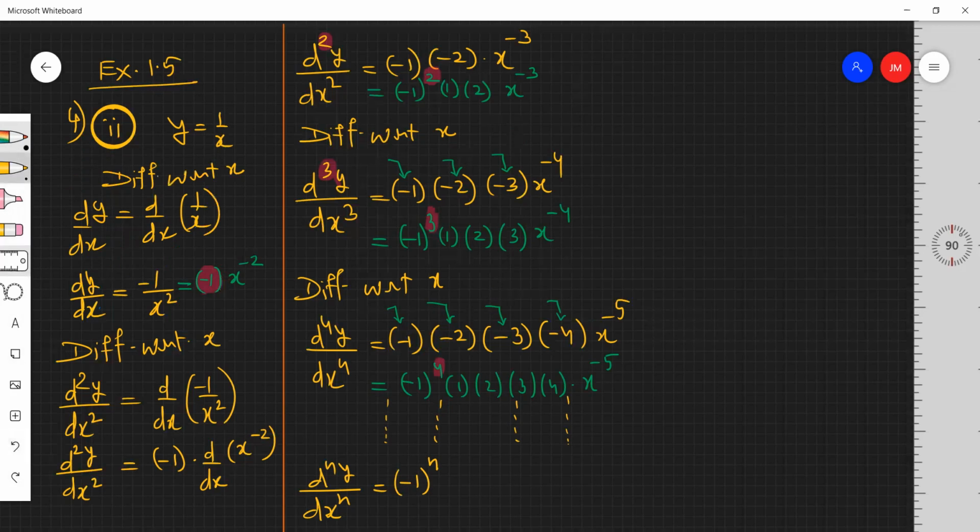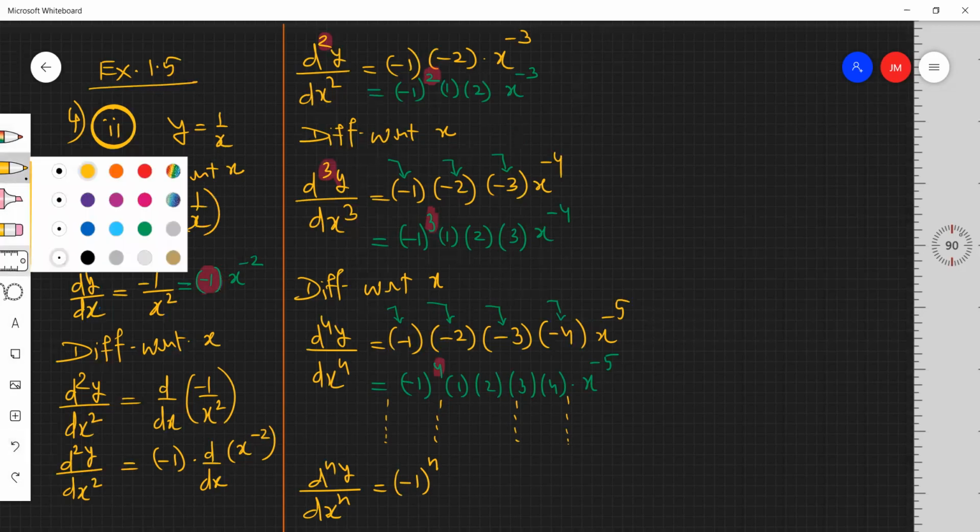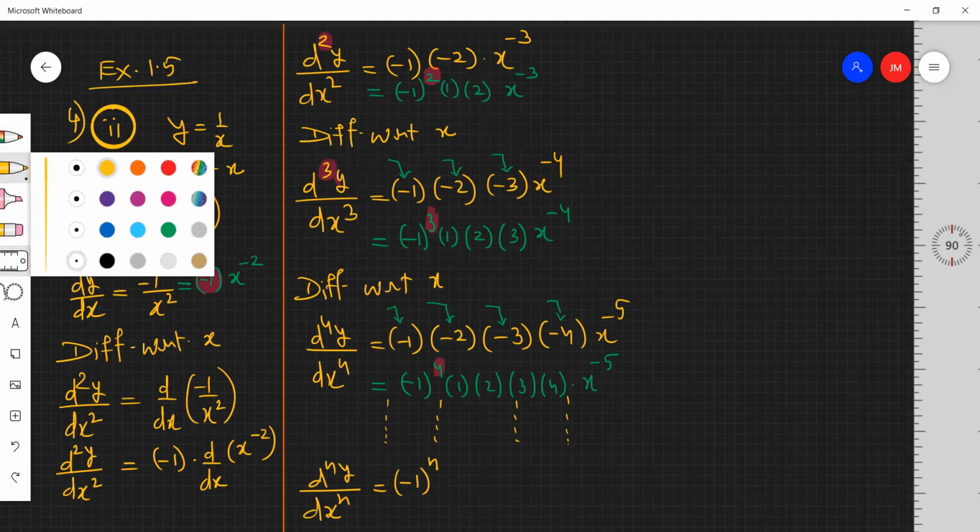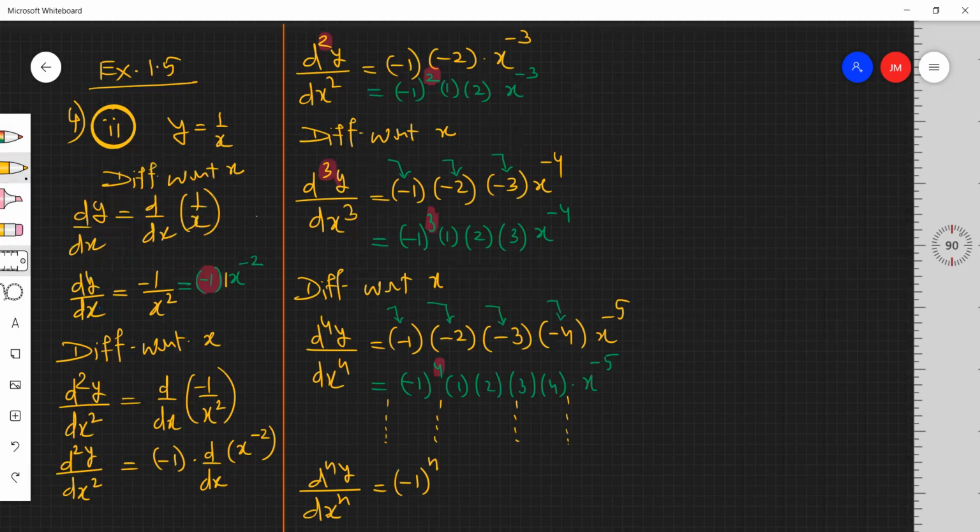Though that 1 is not visible, it is okay, even if you are not writing. Here you have minus 1 squared into 1 into 2. For second order derivative, you have 1 into 2. For third order derivative, you have 1 into 2 into 3. For fourth order, 1 into 2 into 3 into 4.